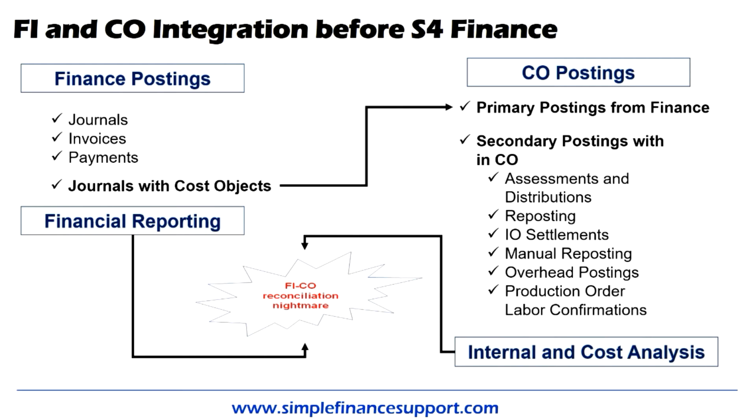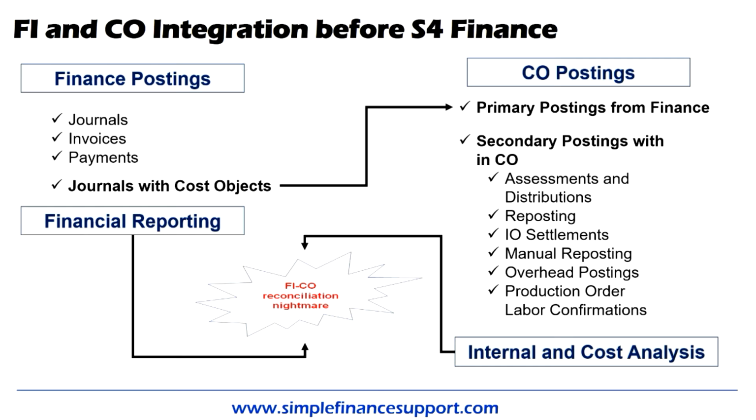When it comes to reporting, all the financial postings result in financial reporting such as the income statement and balance sheet, whereas all the postings happening in the CO help in analyzing the cost. It is mostly internal management reporting.